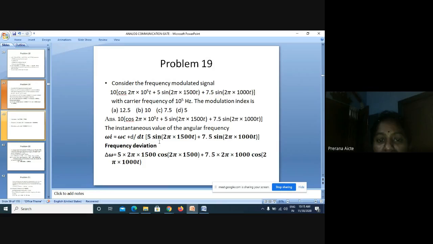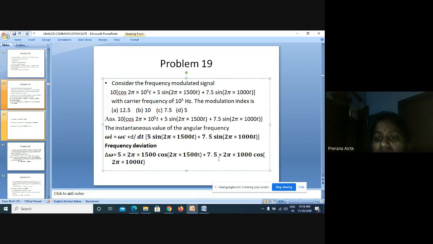when we differentiate these, we'll get 5 into 2 pi into 1500 into cos of 2 pi into 1500 t plus 7.5 into 2 pi into 1000 cos of 2 pi into 1000 t.